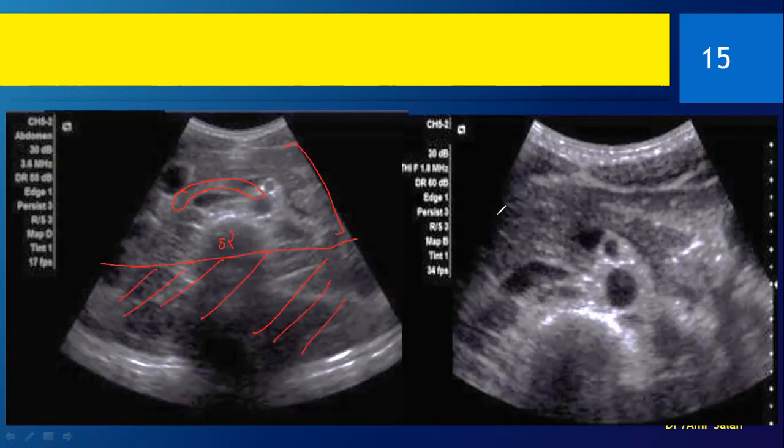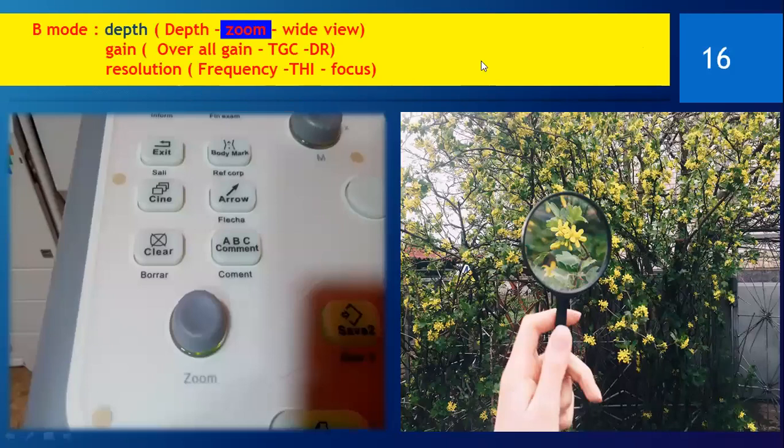Now, by simply calibrating the depth, we have the pancreas filling the image, and the spine is more evident here. I would say that this is a better image. Would you agree with me? Okay, so this is how we can simply adjust the depth to make the image better.